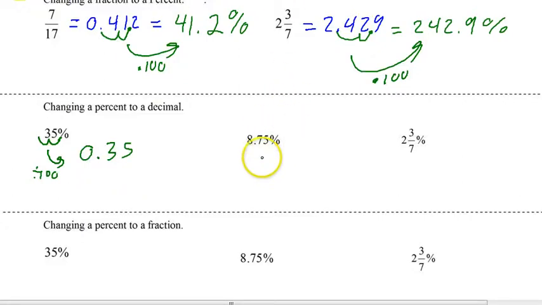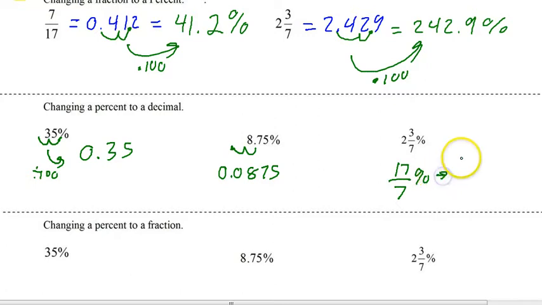So we're going to go away from this twice, which gives us 0.0875. Well, there's no decimal. So what you can do is either create a decimal or you can do another trick. We change this into an improper fraction. So 2 times 7 is 14 plus 3, that's 17 sevenths percent. And if you remember, percent means per 100.